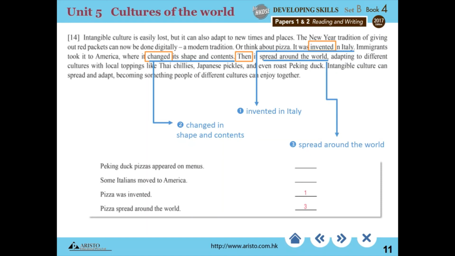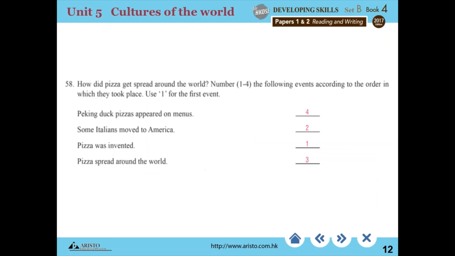The other sentence, some Italians moved to America, refers to the phrase, immigrants took it to America, and Peking duck was mentioned as one of the local toppings added to pizza when it was spread around the world into different cultures. So here is the correct way to answer this question.